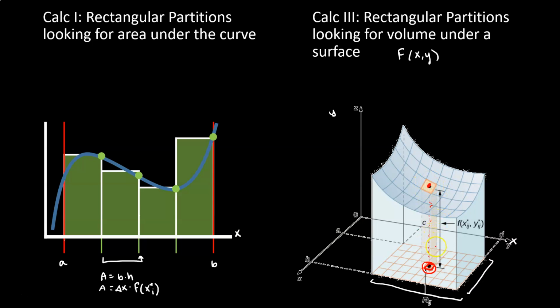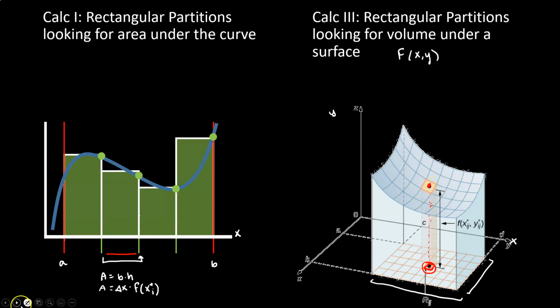Okay, now let's make a connection here. In Calc 1, when we did these partitions, we were looking at areas because we had a length and a height or width. So we're looking at rectangles. In Calc 3, we actually have an area in the domain before we give it the third dimension, the height.